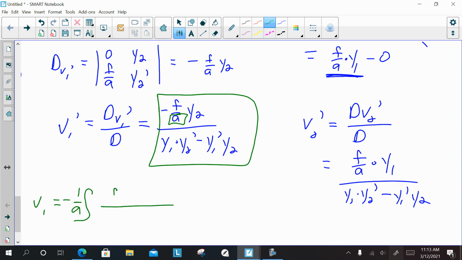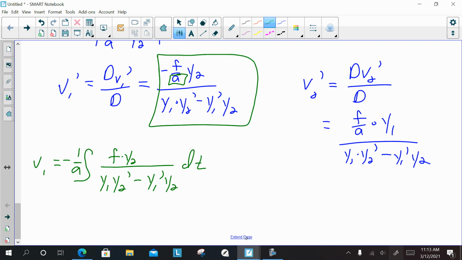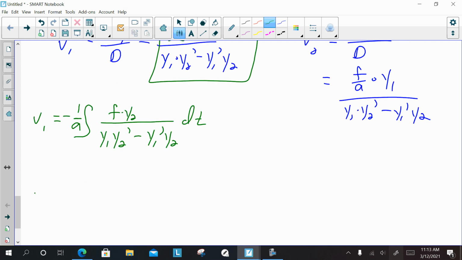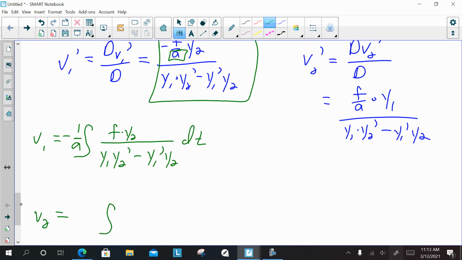So we're going to have the function times y2 over y1 times y2 prime minus y1 prime times y2. We're going to integrate that with respect to whatever our independent variable is. And then v2, we're going to integrate v2 prime to get v2. So this is v2 prime.